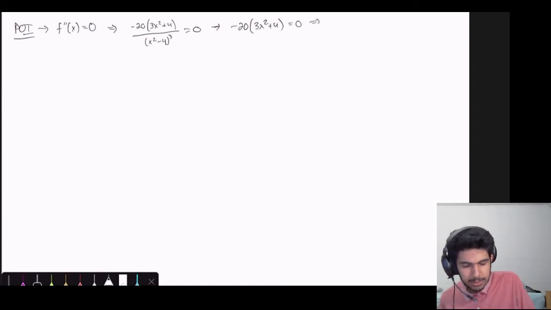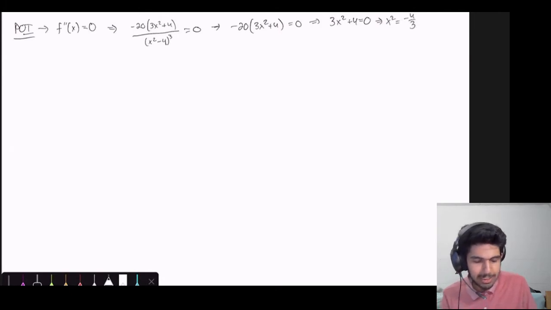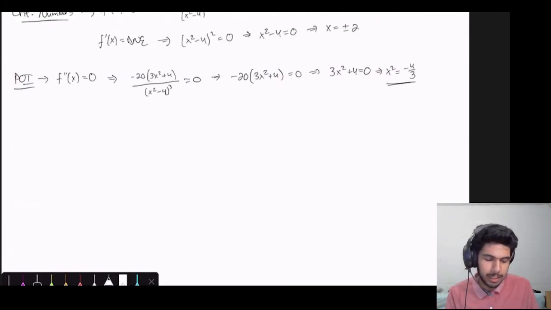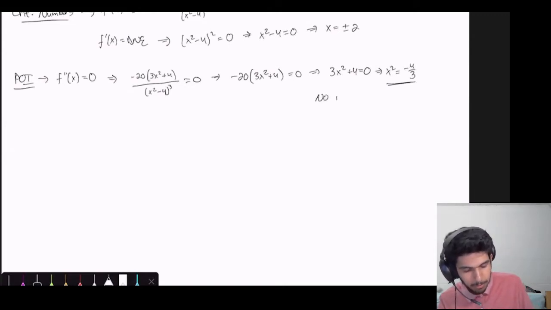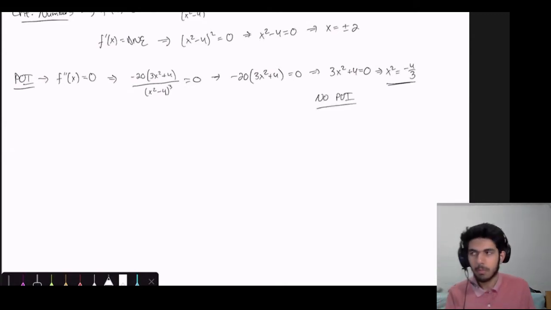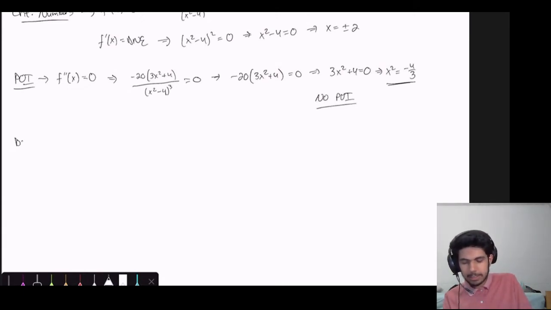And we can divide both sides by negative 20, so that means 3x squared plus 4 should equal 0. So x squared should equal negative 4 over 3, and we should see that there's no real value of x for that to happen. So there are no points of inflection. Cool. And now we can briefly discuss the domain.